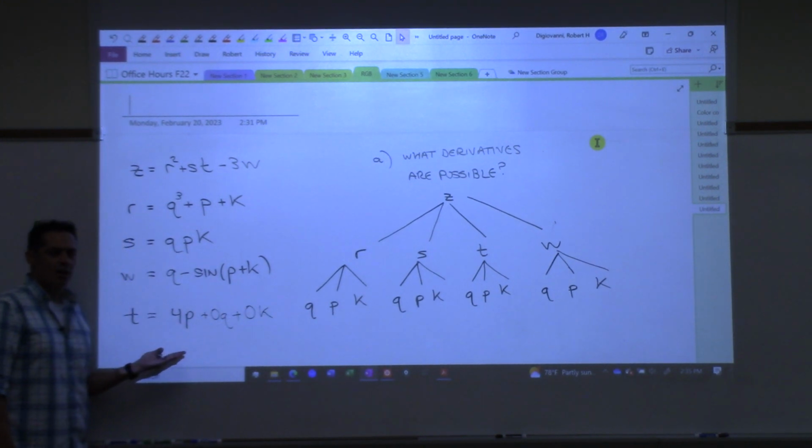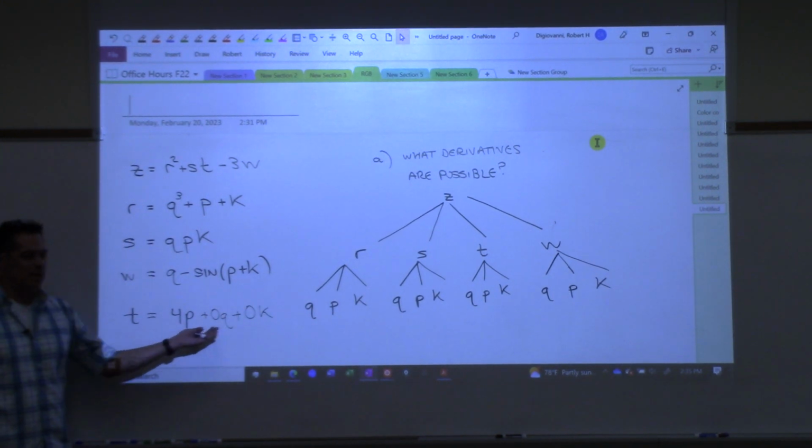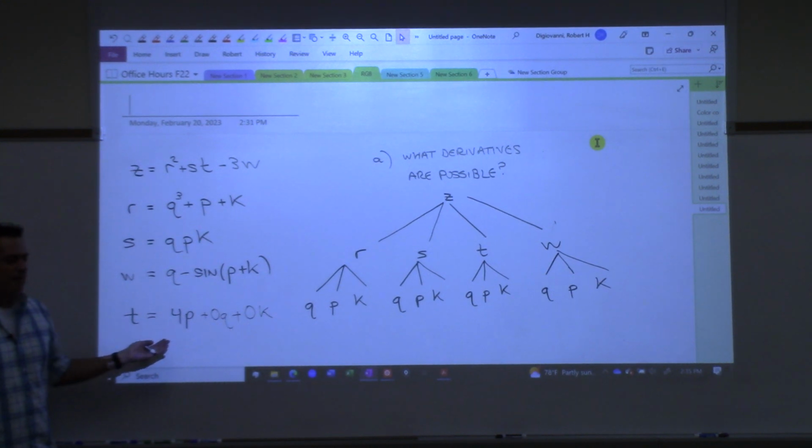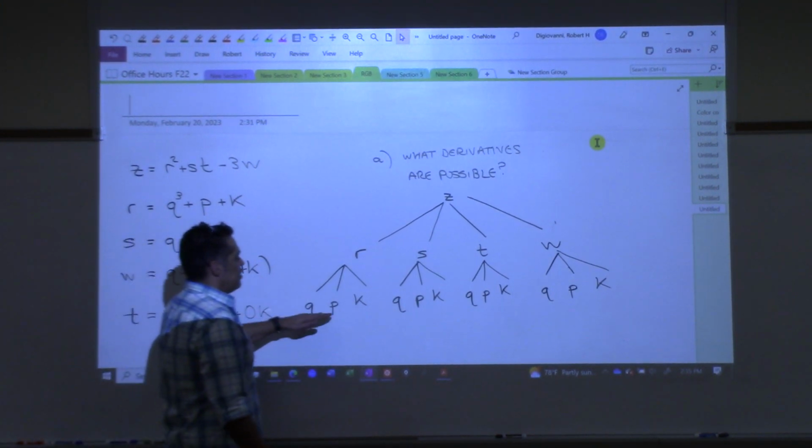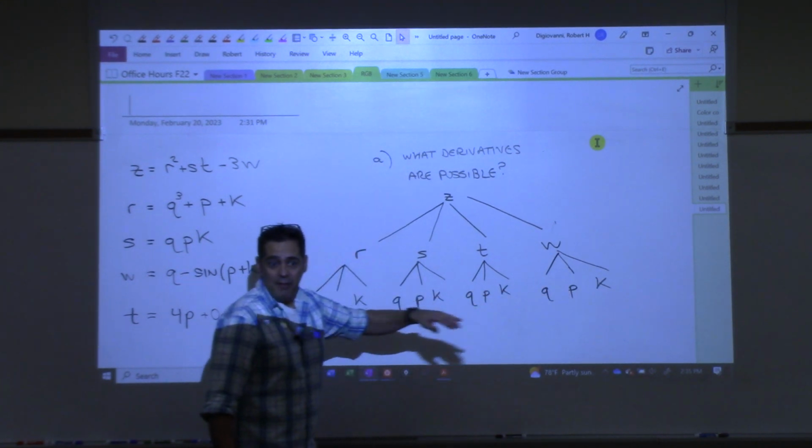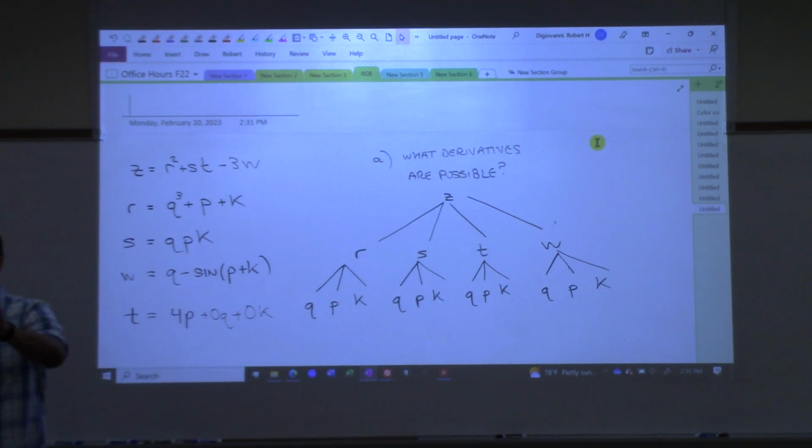You could argue that T depends on Q, P, K. That's an important thing to understand because you want your branches on the bottom to all have the same variables, or maybe just one variable at the end. So everyone understand the tree?